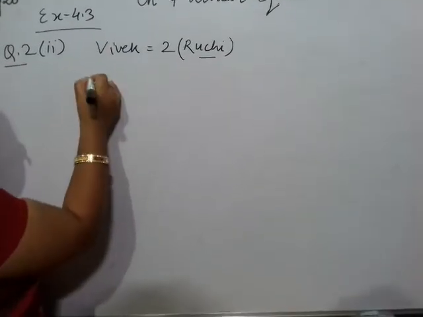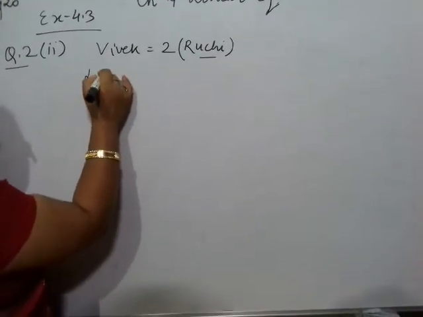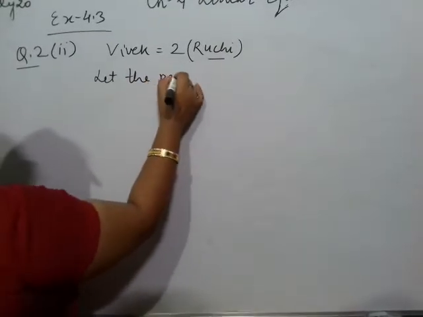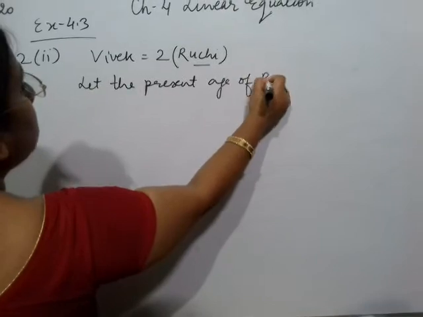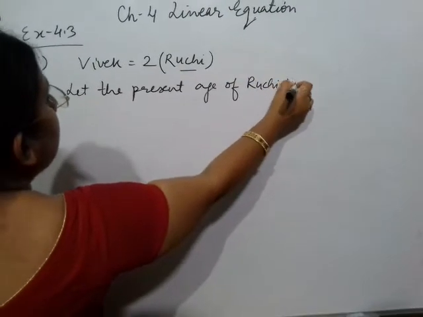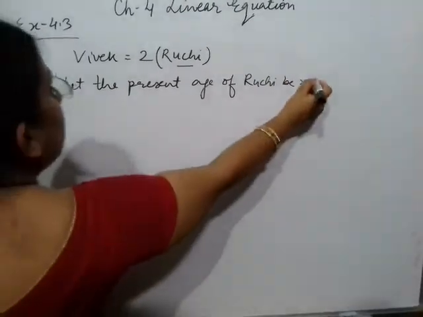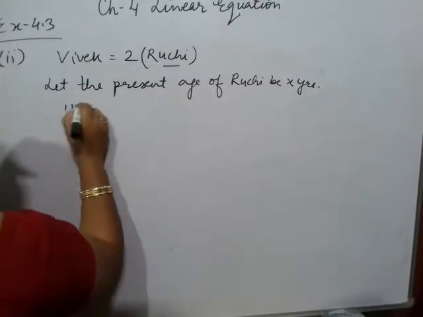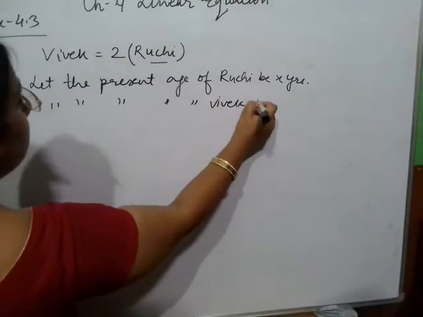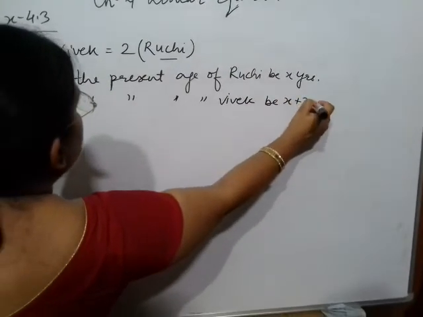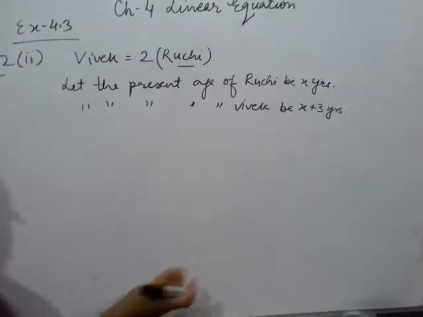So now we can write: let the present age of Ruchi be X years. Then the present age of Vivek is X plus 3 years, because he is 3 years older.